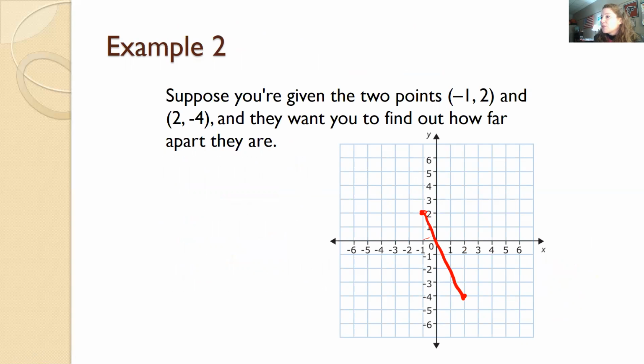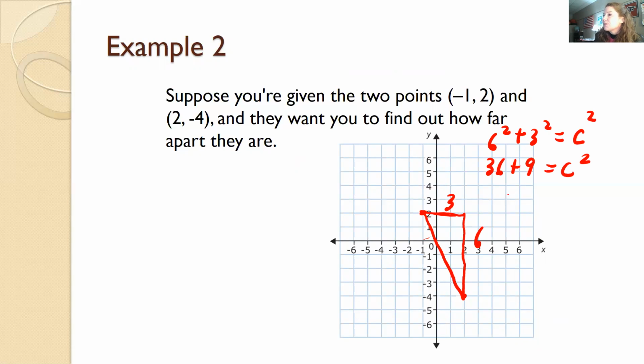So we're going to make a right triangle either above or below that line. It doesn't matter. I'm going to count my units. So this is 1, 2, 3 units wide, 1, 2, 3, 4, 5, 6 units tall. So we know that 6 squared plus 3 squared is going to equal that distance squared. So we have 36 plus 9 is equal to 45.